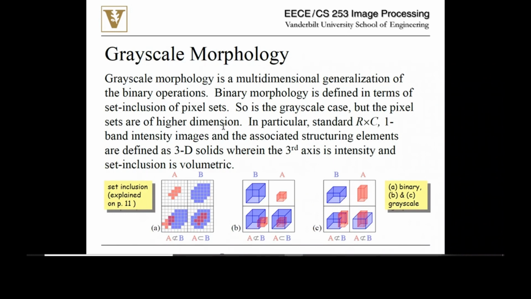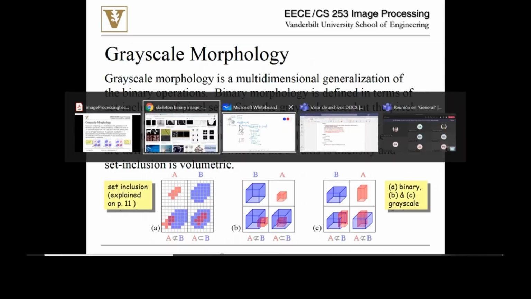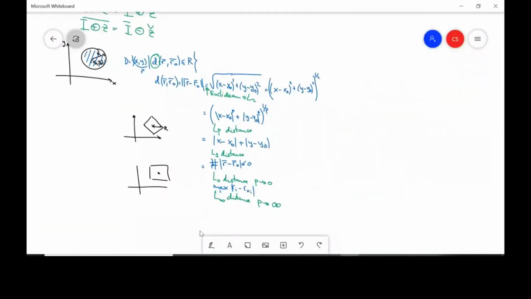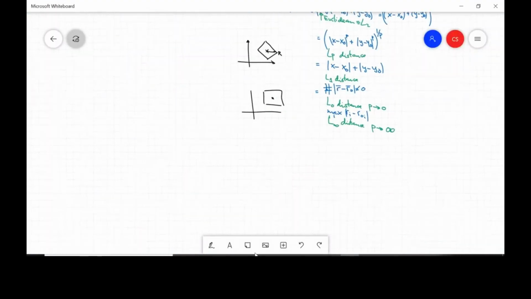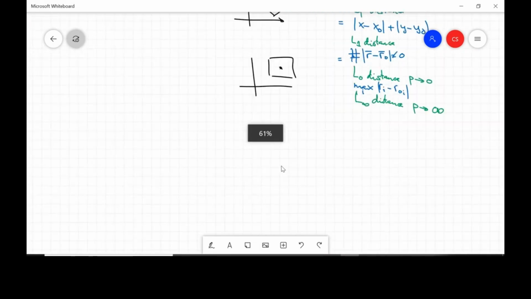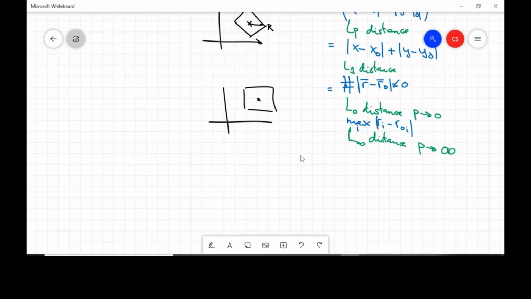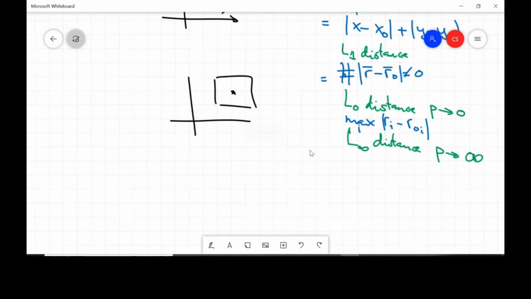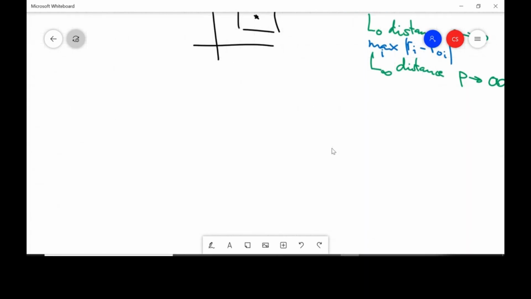But now the interesting thing is that we were used to thinking of sets in the XY plane.